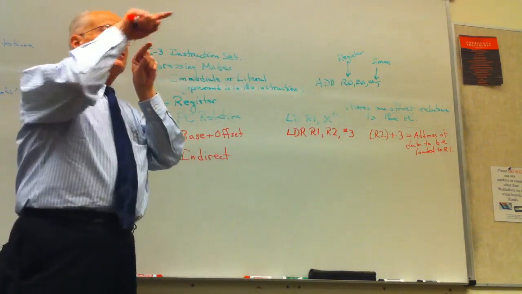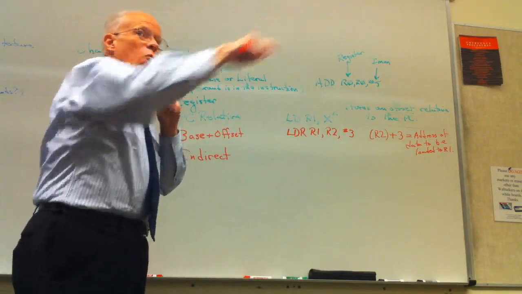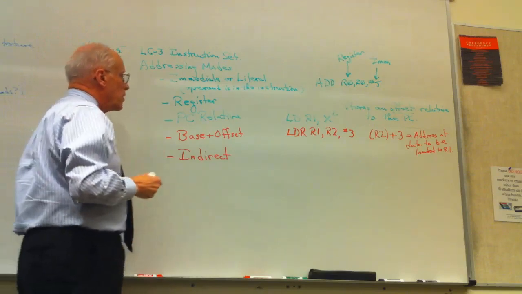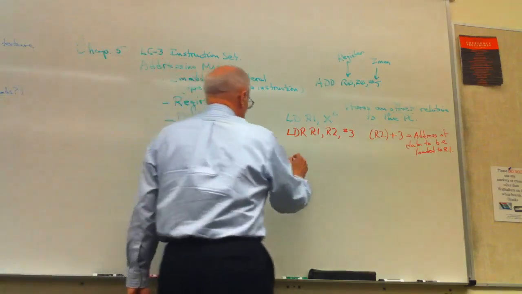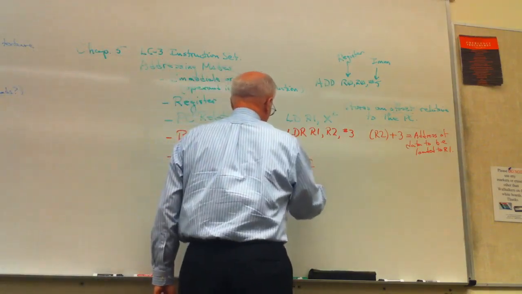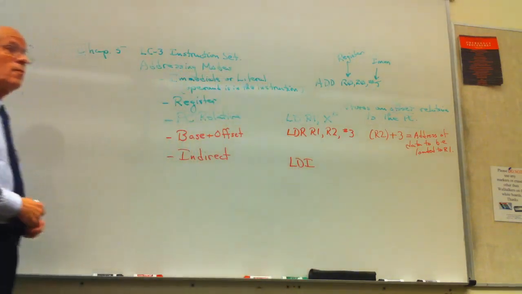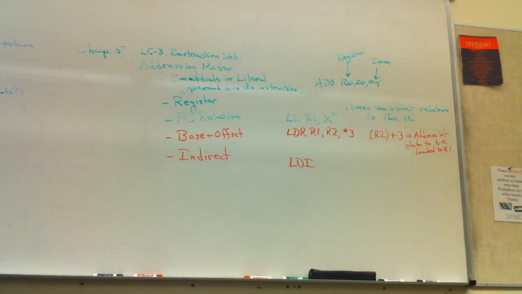Indirect, you go out and then one more. So you're getting indirectly to the thing that you're looking for. Again, that's specified by the opcode. It's really only used by load and store. Load and store are the only ones that use indirect mode.